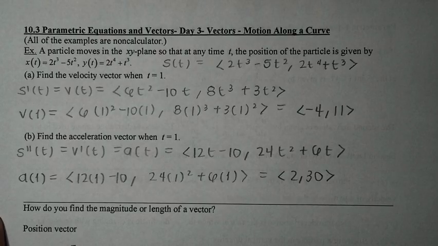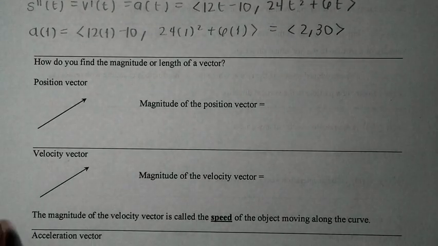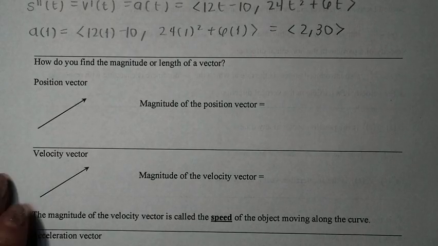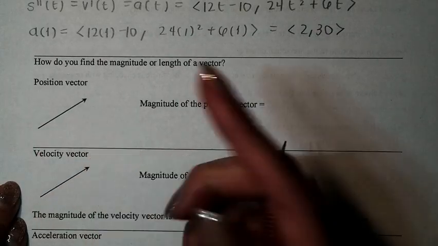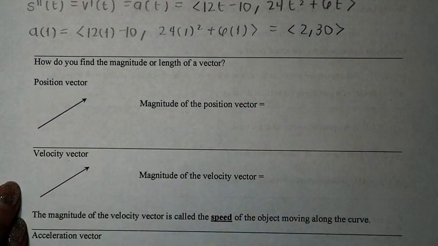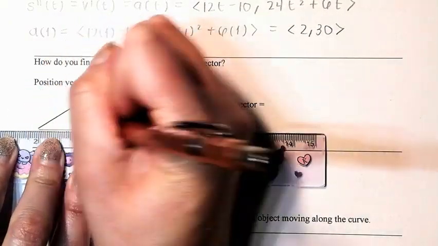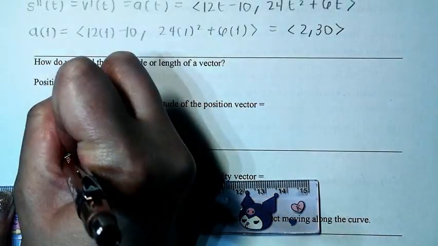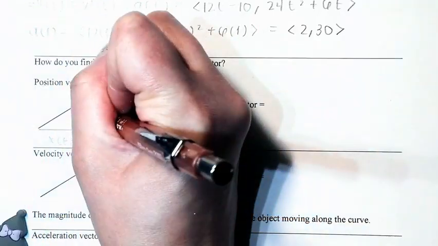Now let's answer some of the questions here. How do you find the magnitude or the length of the vector? Let's say this is your position vector. The x component of the position vector is x of t, and the y component is y of t.